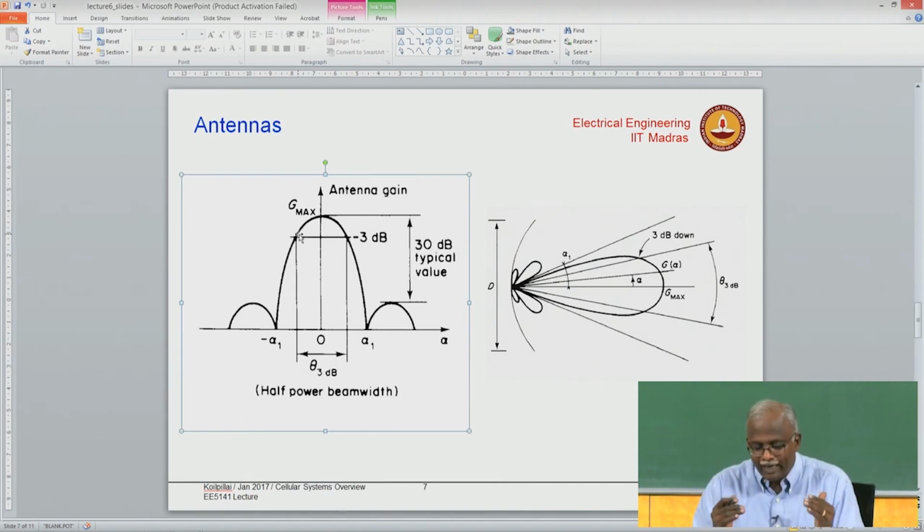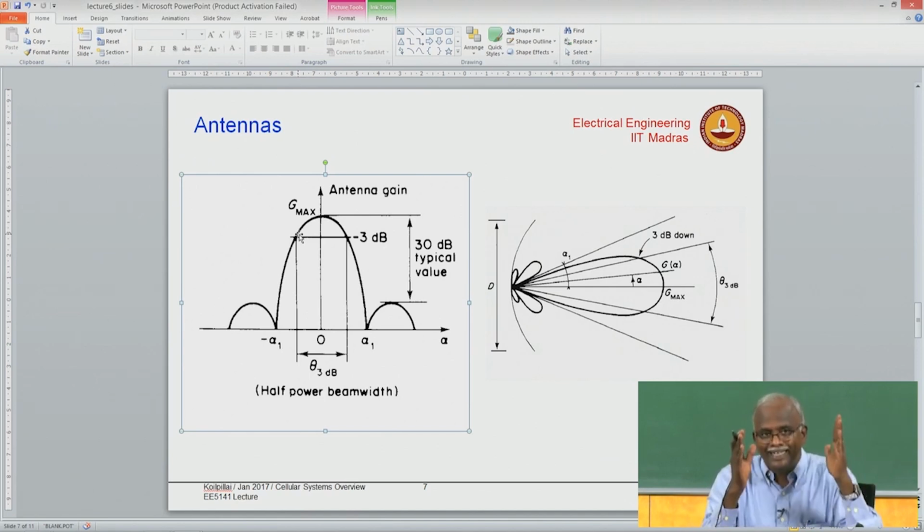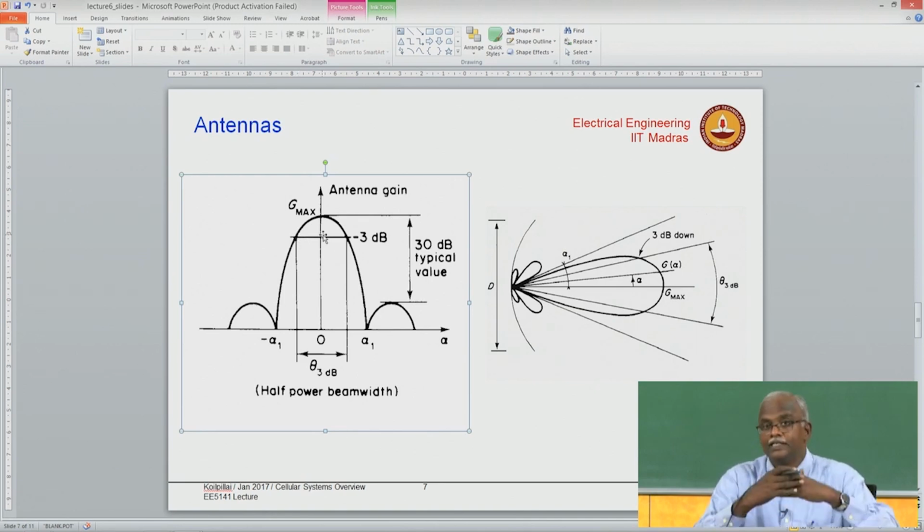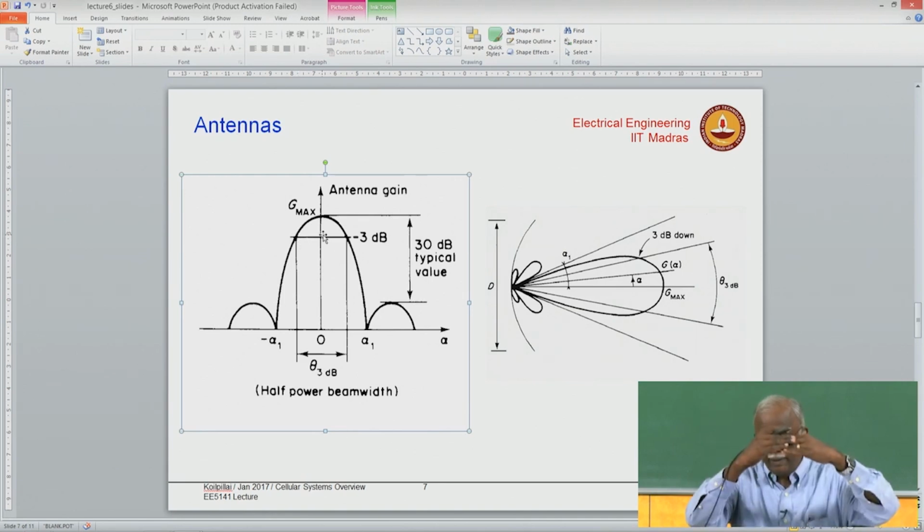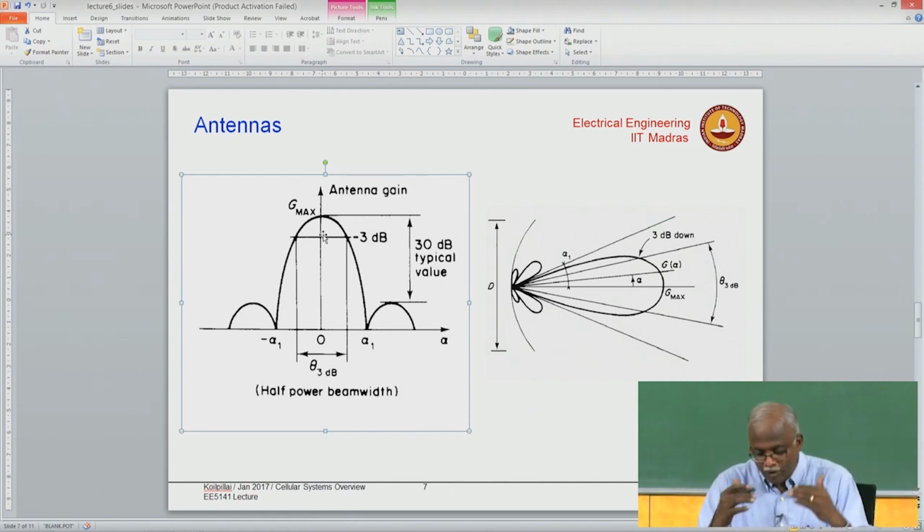Typically we would like to use that as the main direction of radiation, and this region where the transmitted gain is between the maximum and minus 3 dB of the maximum is what we refer to as the beam width, or the half power beam width, the angle range in which the antenna radiates. Typically we would like this to be of the order of 120 degrees for a sectored cellular antenna.